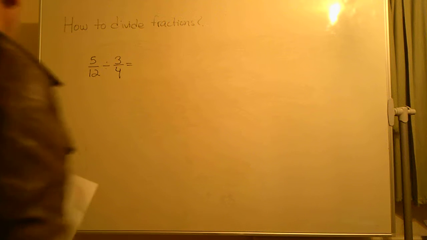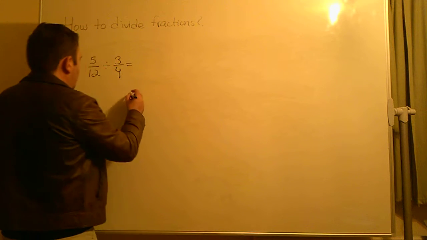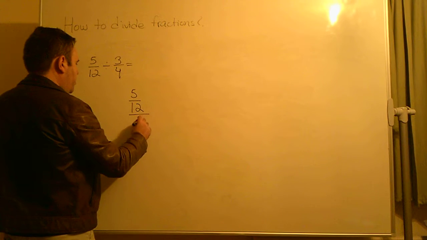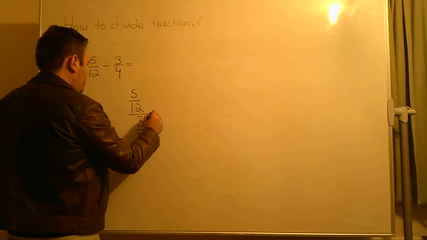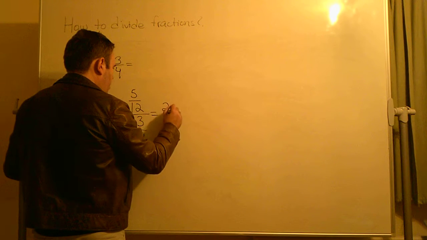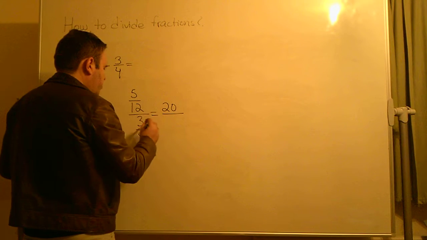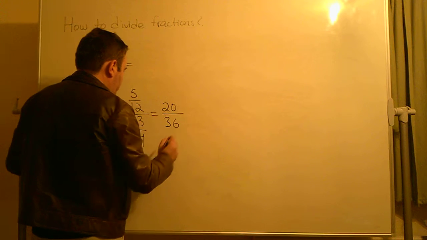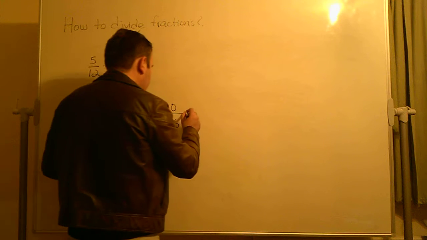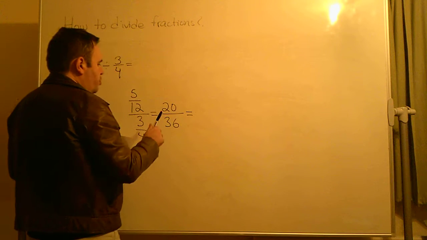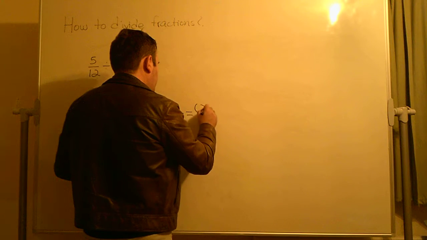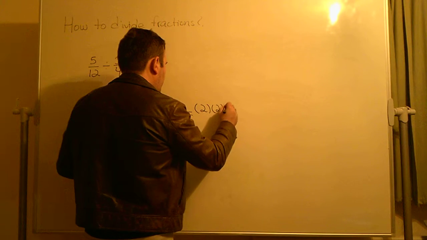Yeah. So what do we do? We divide 5/12 by 3/4. So 5 times 4 is 20, and 12 times 3 is 36. Now 20 is the same as 2 times 2 times 5.